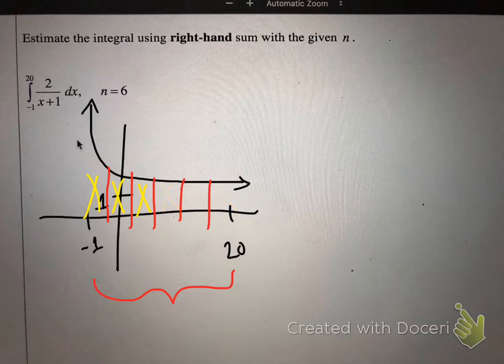And what the right-hand sum means is that we're going to form 6 rectangles, and the right-hand corner of each rectangle is going to touch the line that we're looking for. So just like this. That's our first one, and as you can see, this one's a little bit too high up.